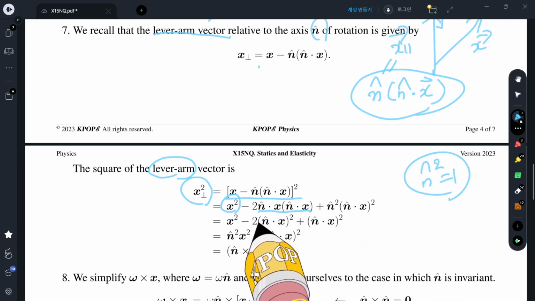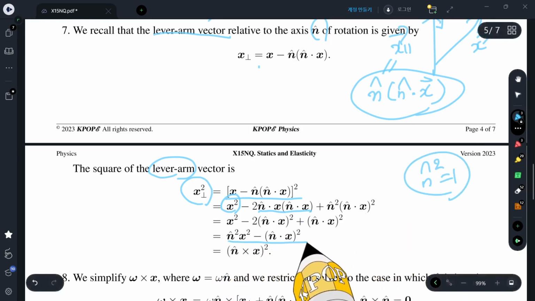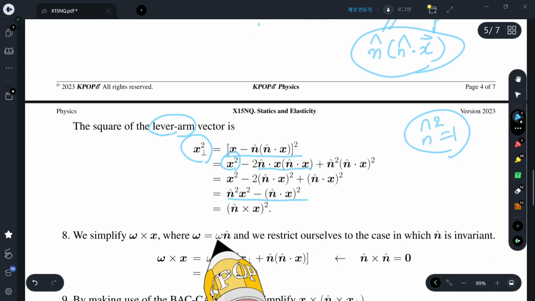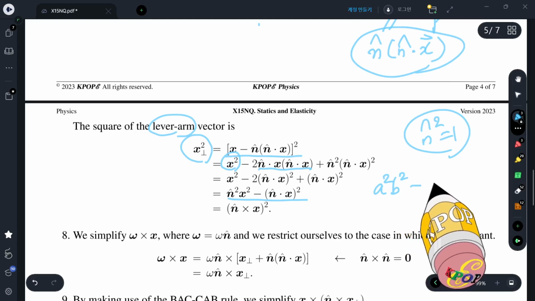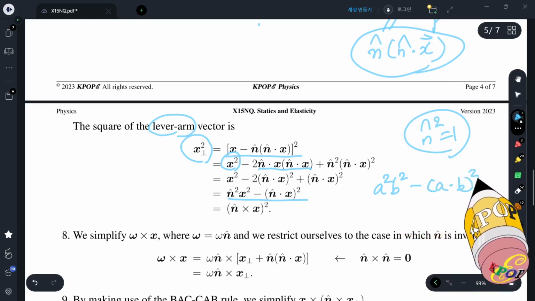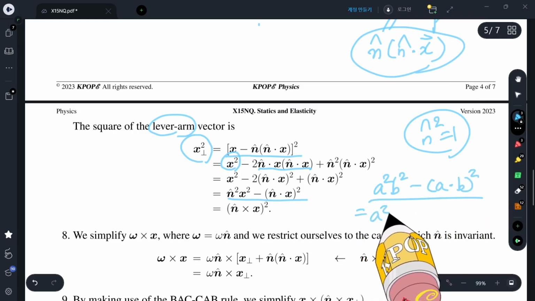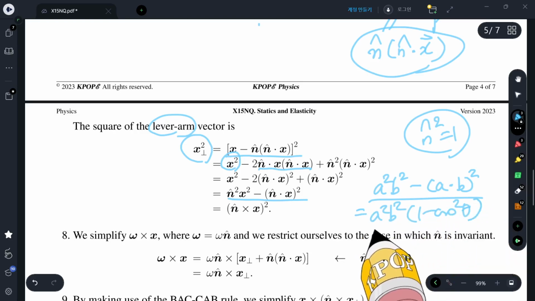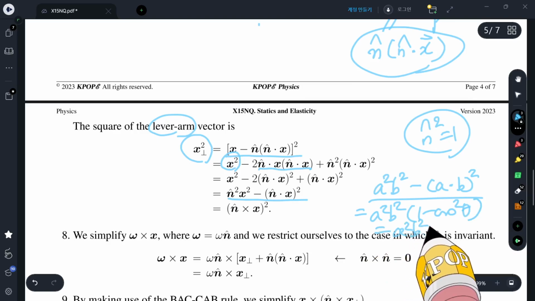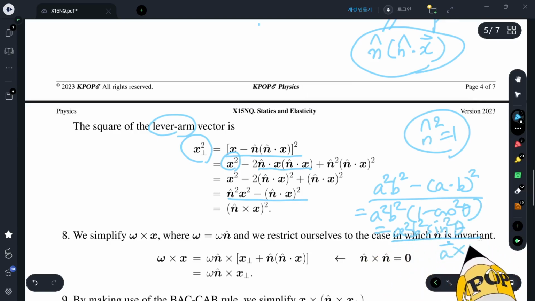So minus 2 plus 1 results in this. What is that? This is a squared b squared minus a dot b squared. This is a squared b squared times 1 minus cosine squared theta, and that is a squared b squared sine squared theta. This is a cross b squared.